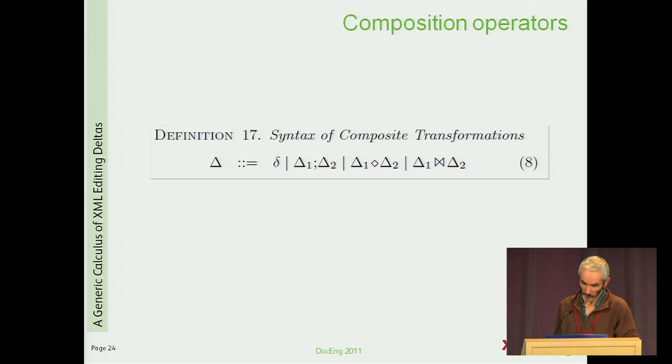So for these composition operators, here is again a grammar rule which defines the syntax of the formal language. The first small delta is in fact any atomic operation, one of the 3 I showed. The second one is a standard sequential composition. Then you have, with a diamond, a concurrent composition, and the last one, which is probably the most difficult to understand and to capture, is a co-referential composition.